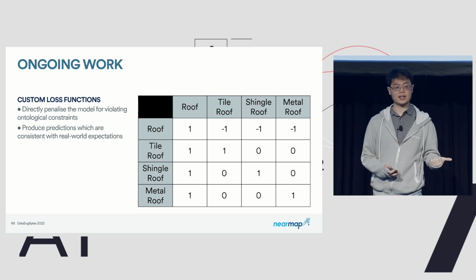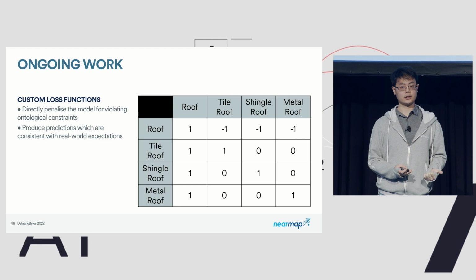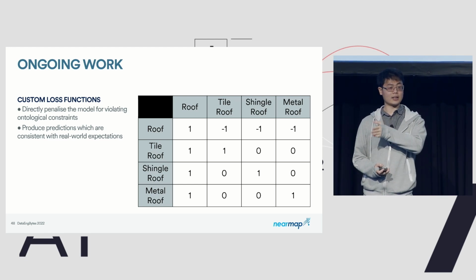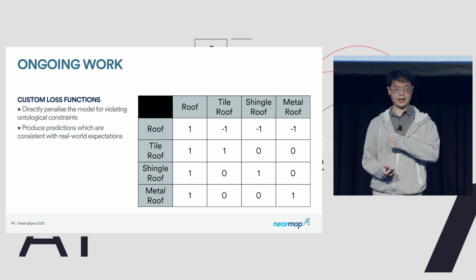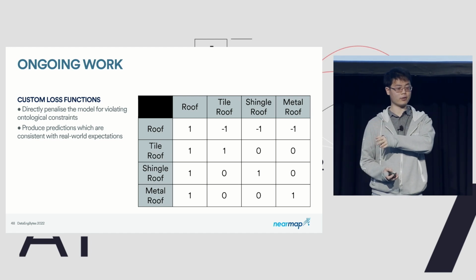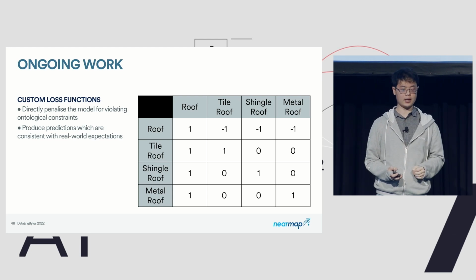The zeros represent classes which are mutually exclusive. So now onto the second column, you know that if there's a tile roof label there, you know it cannot be a shingle roof label or a metal roof label.